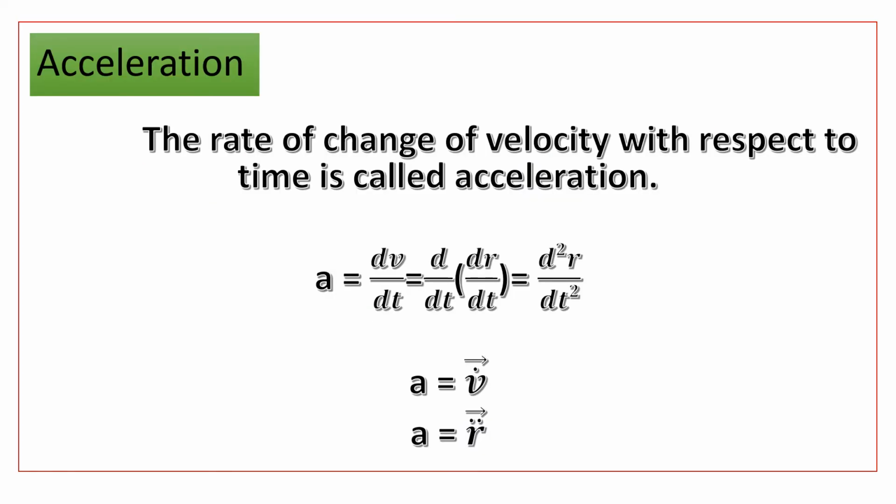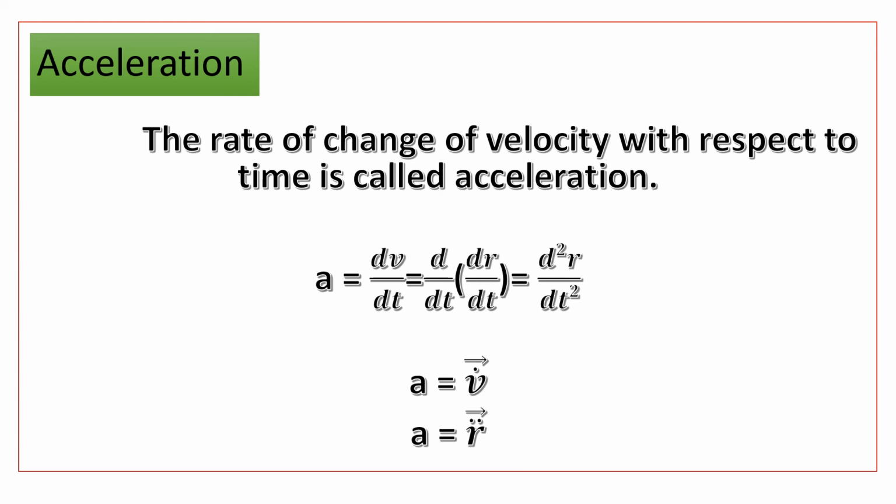After displacement and velocity, as I have discussed earlier, there is another definition concerned in classical mechanics, and that is acceleration. Displacement is equal to r2 minus r1, the difference between the two vectors, and velocity is the time rate of change of the position vector r, represented by r dot.